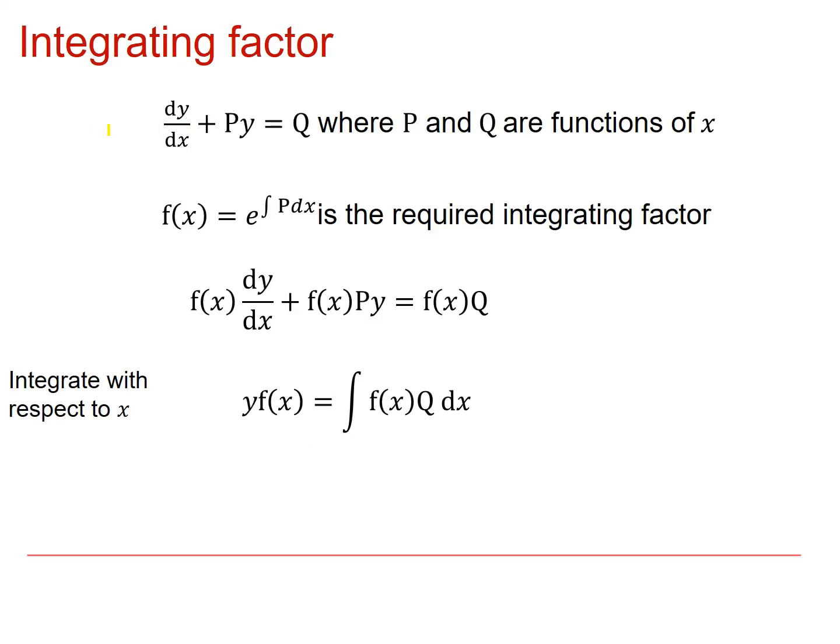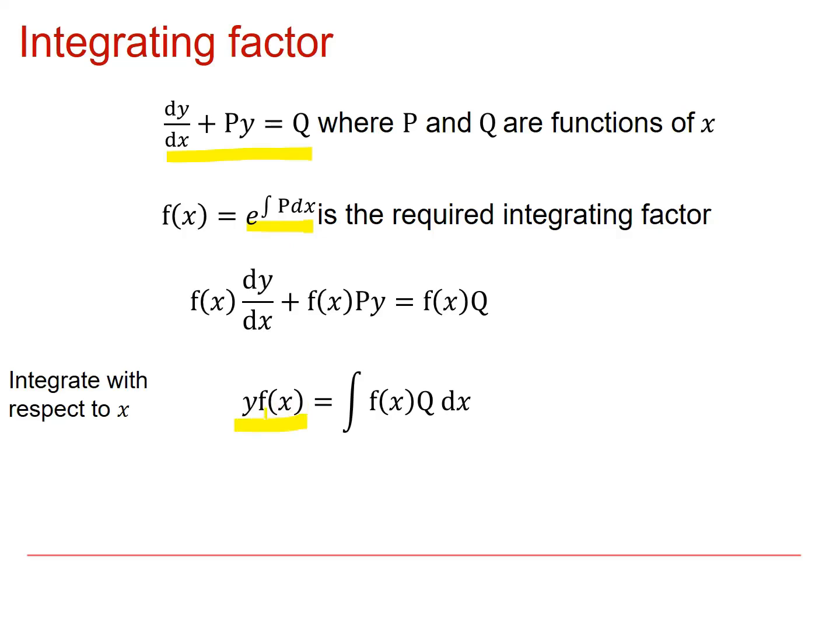So in summary then, if we've got a differential equation in this form, where p and q are functions of x only, e to the integral p dx is the required integrating factor to make the left-hand side perfect, and if we multiply through by that, we can then just integrate both sides.